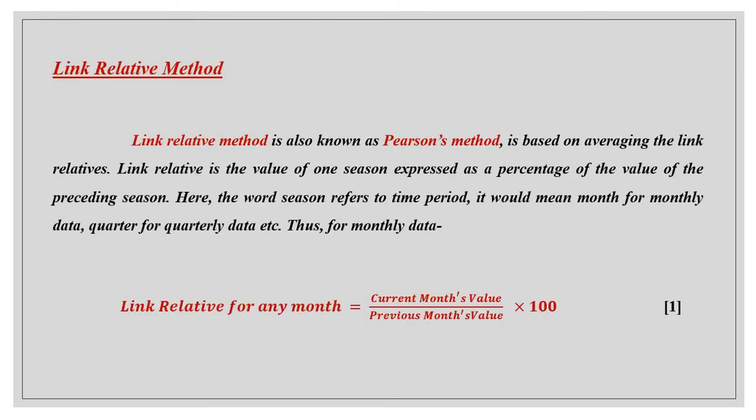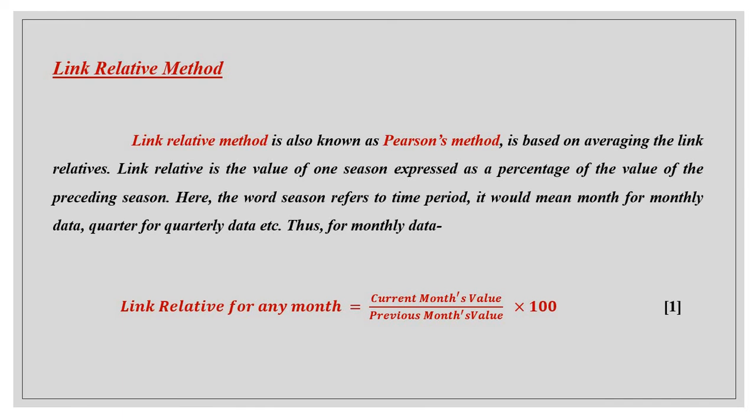Our next method to measure the seasonal variation is the linked relative method. This method is also known as Pearson's method, which is based on averaging the linked relatives. Linked relative is the value of one season expressed as a percentage of the value of the preceding season.